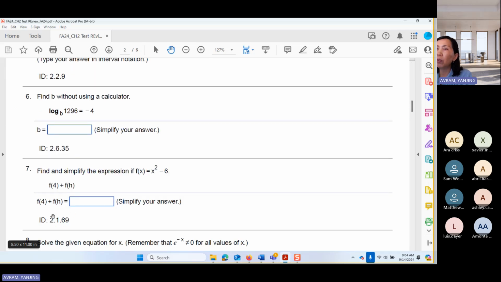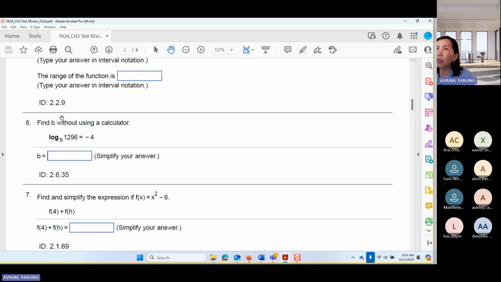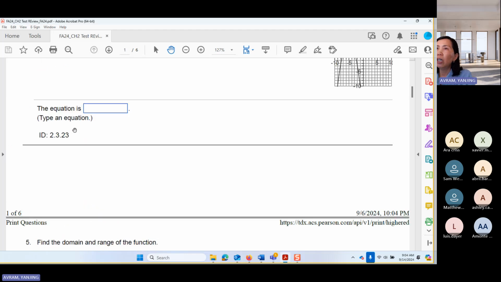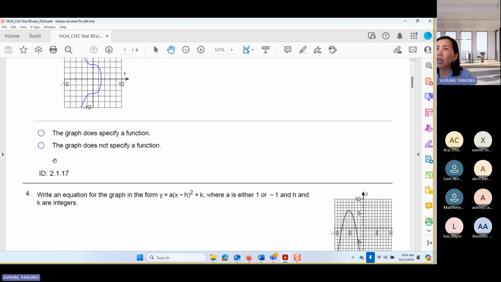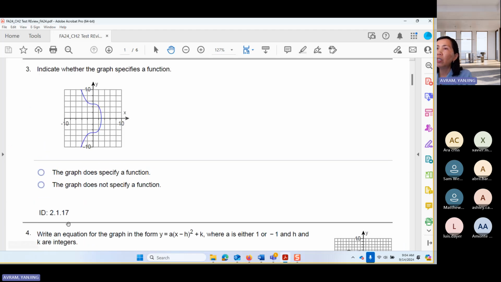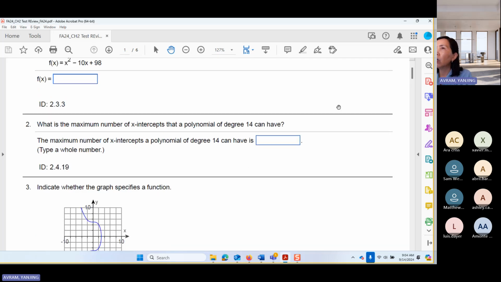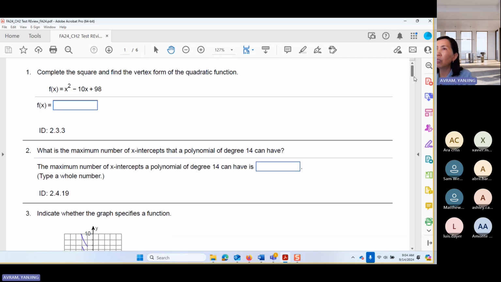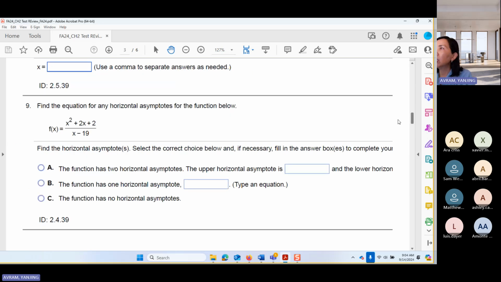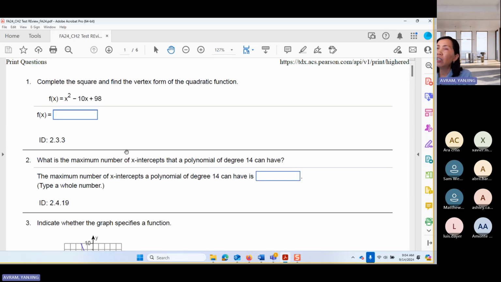You can have 2.1 right here, 2.6, 2.2, and then 2.3 right here. So this one is not necessarily in the exact order of the sections, but it will mix everything, and that's pretty much the test question you will have, right? It's a random order for the chapter.